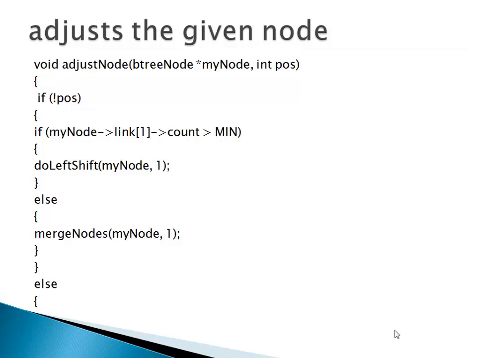If my node of link of count is greater than minimum, then you have to do left shift. Link of 1 will be having more than minimum. The count is more than minimum, that is, if it is having more than 2, then you are going to perform a left shift. Otherwise we have to perform merge nodes, that is, if both the nodes are having less than minimum, then merge nodes.